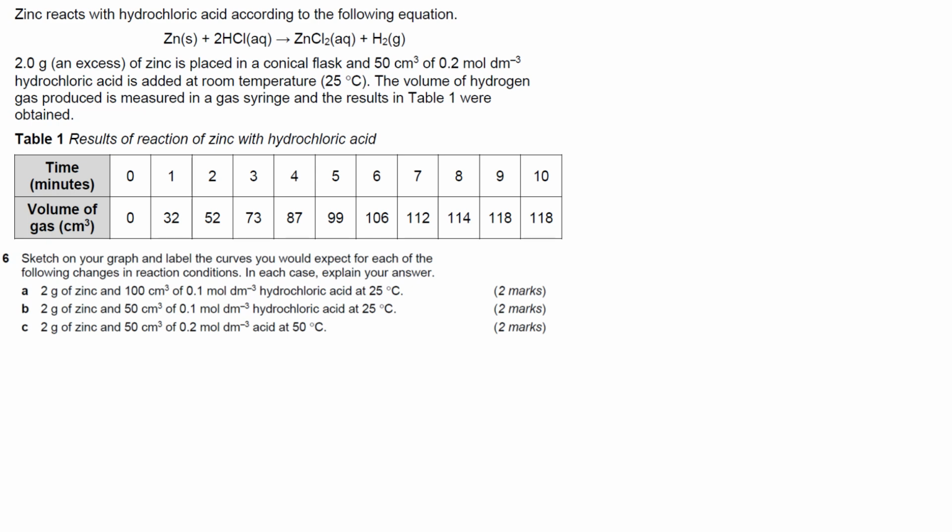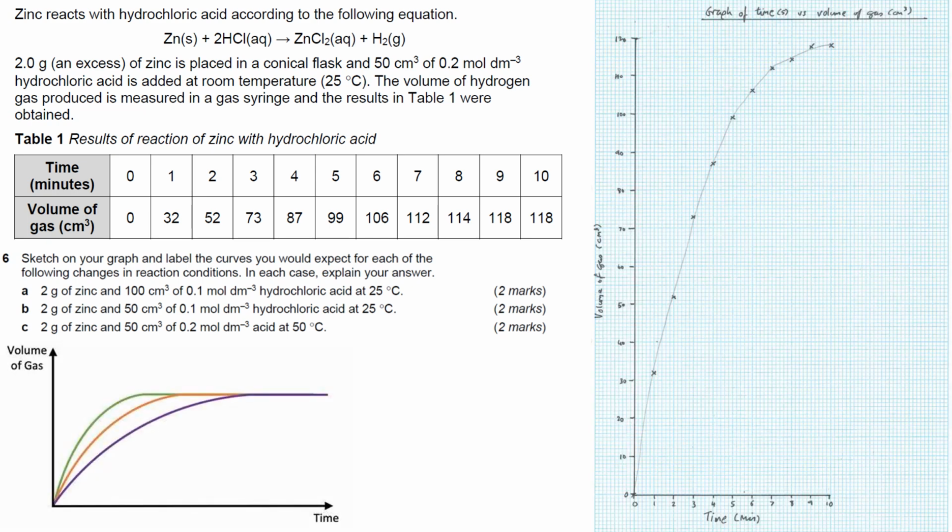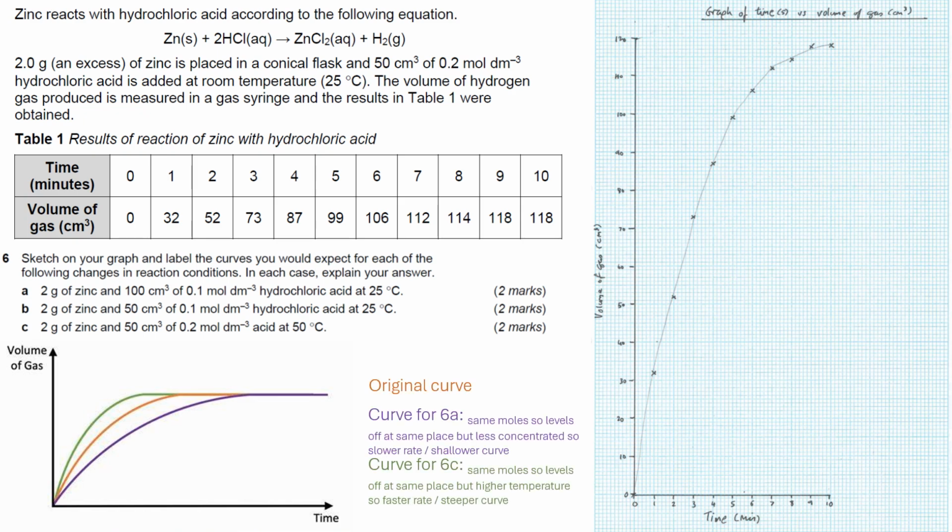So finally, then we need to sketch on your graph and label the curves you would expect for each of the following changes. So rather than draw them onto my graph, I've done a sketch electronically, and you can have a look. Basically, my original curve is the orange one, and the curve for 6A is for 2 grams of zinc and 100 centimeters cubed of 0.1 mole per decimeter cubed hydrochloric acid.